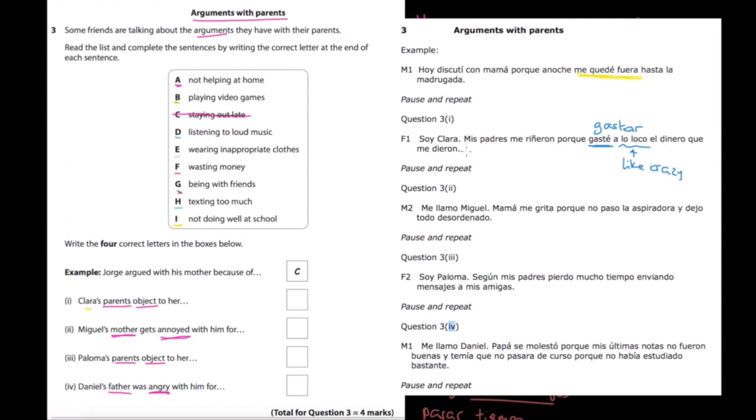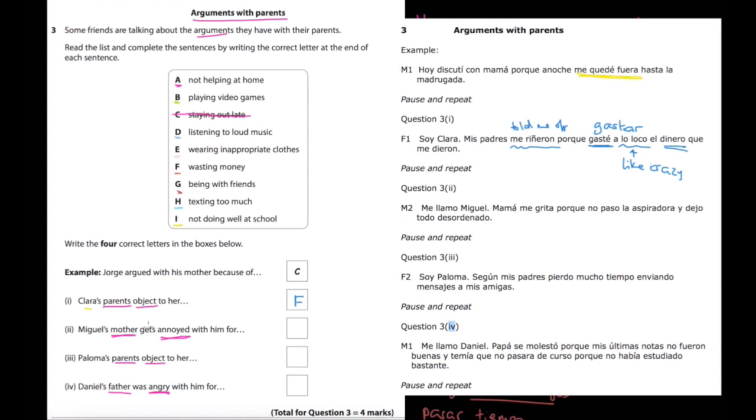So the money they gave me. And I've got here the expression me riñeron. They told me off. Now, this is not too important because we know that the parents were annoyed with her. So, that's not essential, but it's an interesting expression to remember. So, gastar has given us, and the presence of dinero as well, has told us that the problem is wasting money. So the answer will be F.